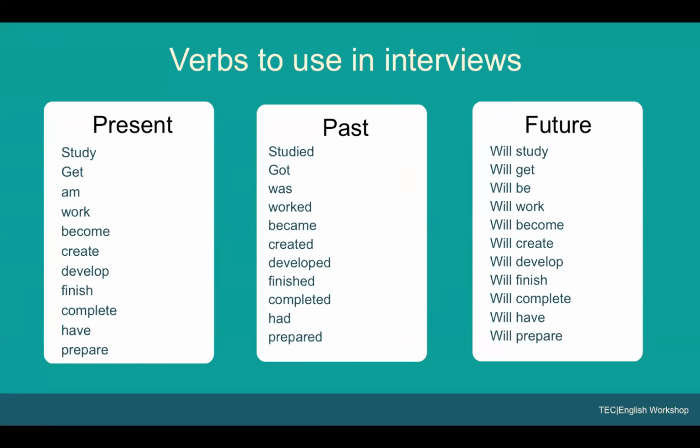In the future, I will study. The same goes for get, got, will get. I am, he was, or I was. I will be in the future. And in the few upcoming slides, we're going to see how we can use these in full sentences.